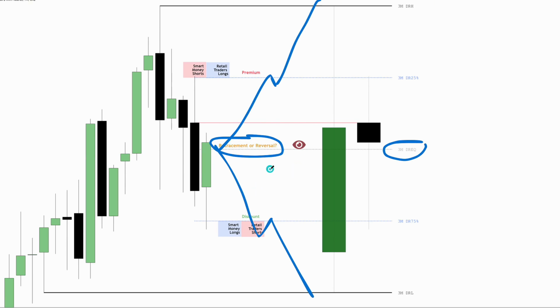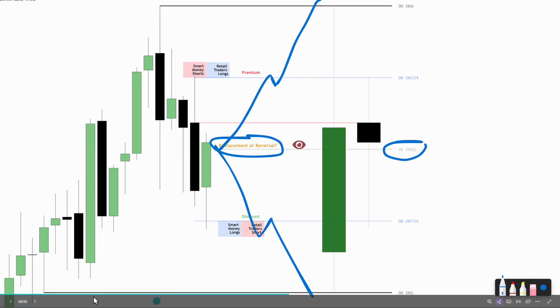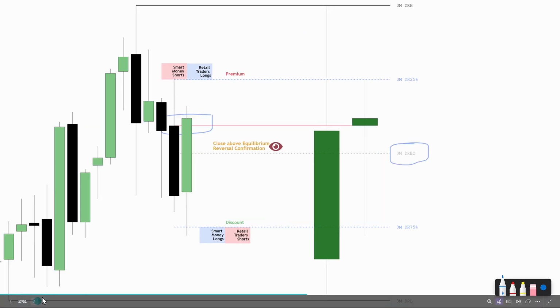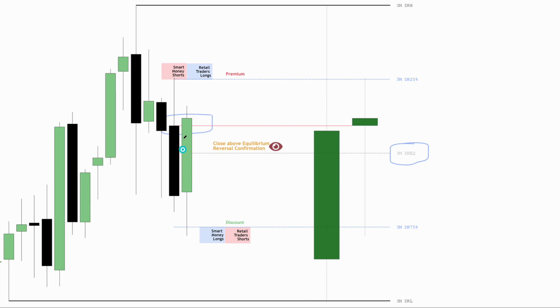So in this moment, you need the close for confirmation of the next price moves. Close above the equilibrium. Look, this candle closes above equilibrium and closes above the opening. So this is confirmation for the next quarter, 25 here.